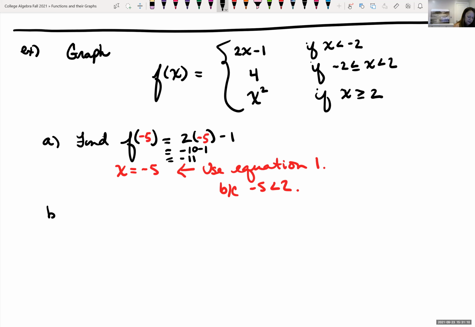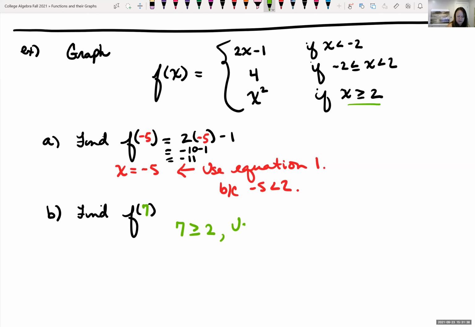So you should be able to answer any question they throw at you to find a value. So if they said find f of 7, I would go to my function and figure out which piece does that fall into, that inequality that makes it true. Well, that would be the third equation, right? 7 is greater than or equal to 2.